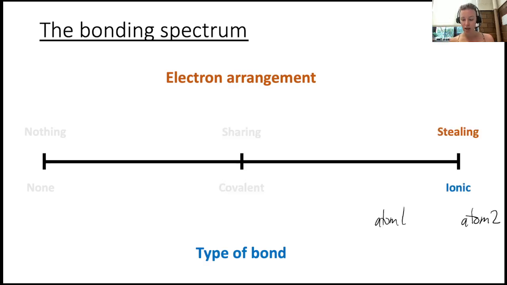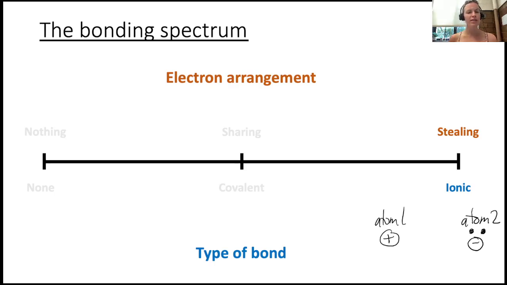In an ionic bond, what would happen is that atom 2 would have stolen an electron, and atom 1 would have lost its electron. And so oftentimes when this happens, you'll end up with atoms that have a charge because one has gotten an extra electron and one has totally lost an electron. And remember, these electrons are negatively charged.